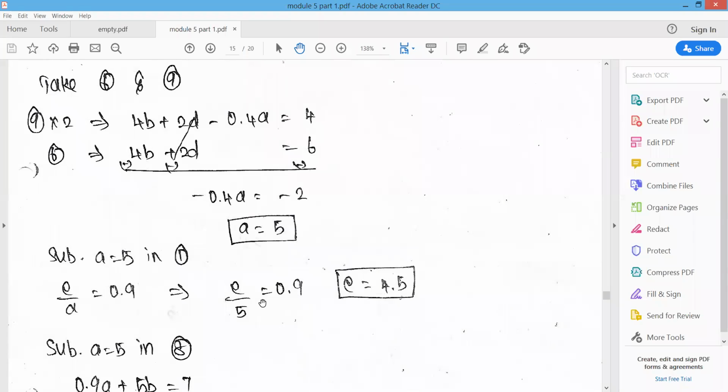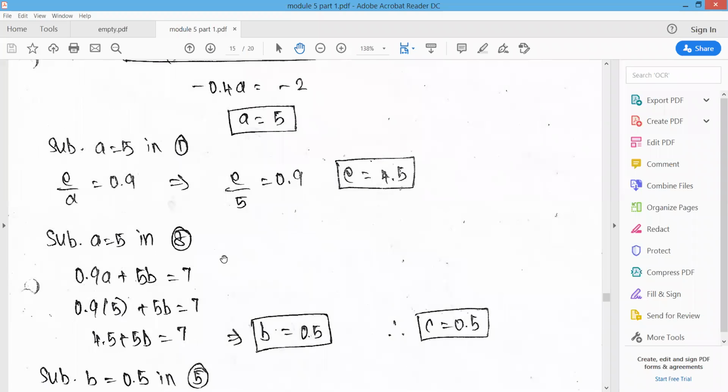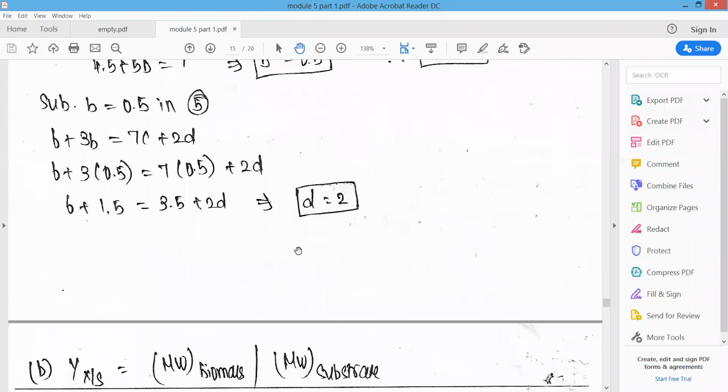Once you get one value, finding the remaining values is easy. Substitute A is equal to 5 in equation 1, you will get E. Again substitute A is equal to 5 in 8, so you will get B and you will get C also. In parallel you find all the stoichiometric coefficients. This is just like the previous method, you just have to find the value, substitute in the equation and find the stoichiometric coefficients.